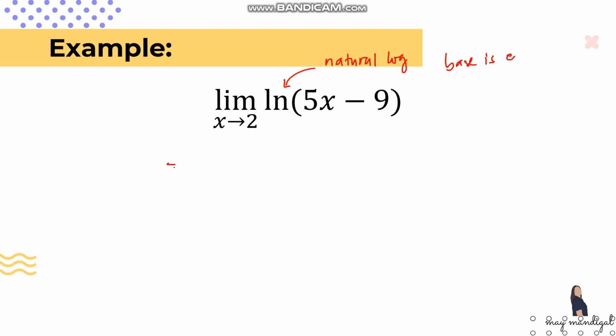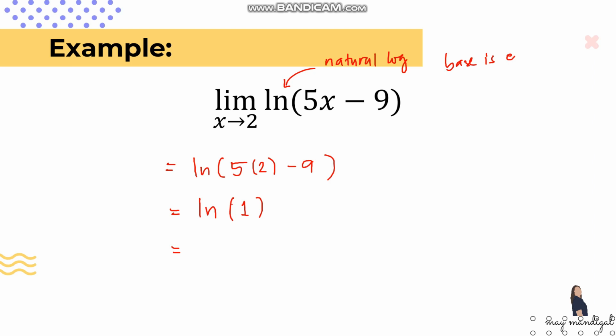So let's substitute. So we have ln of 5 times 2 minus 9. So this is now equal to ln of 5 times 2 is 10 minus 9. So this is equal to 1. Now we have to get the ln of 1.